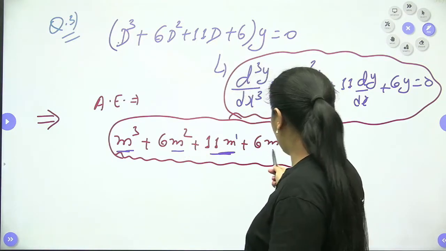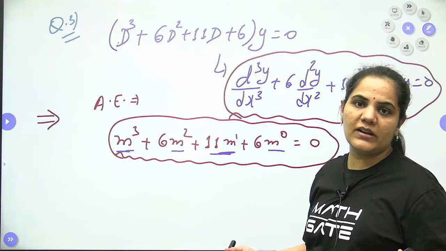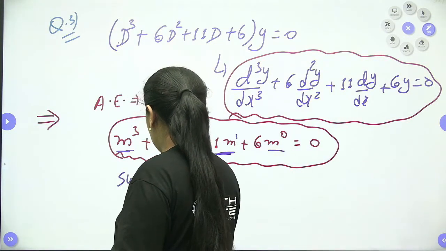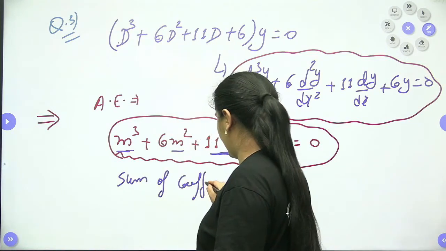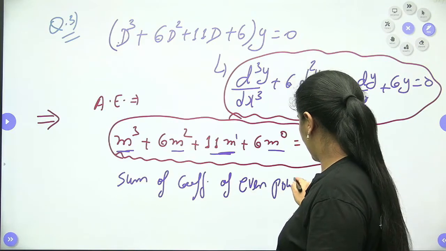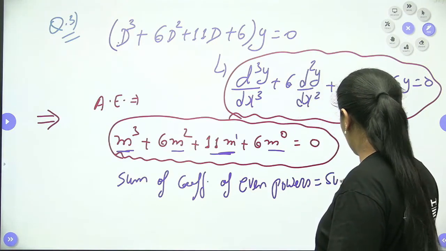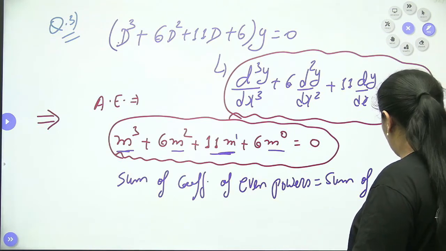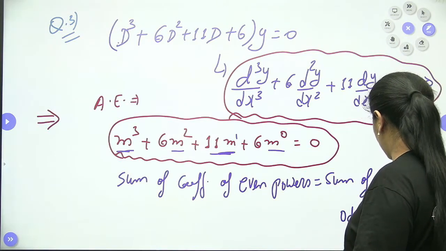This is an even power, and we know very well that 0 is also an even number, right? So we will check whether the sum of coefficients of even powers is equal to the sum of coefficients of odd powers or not.